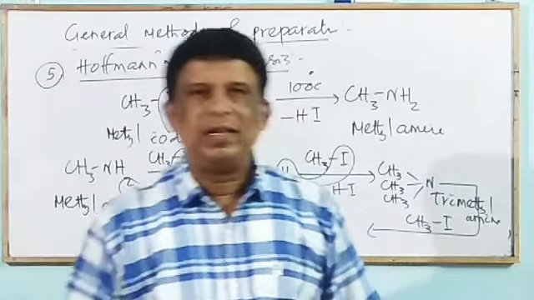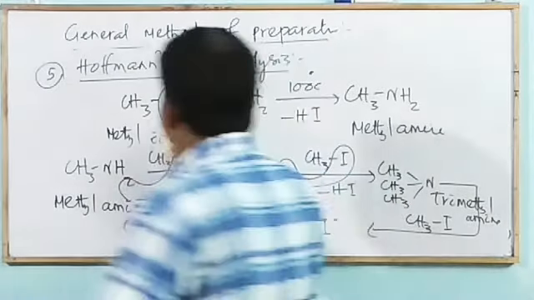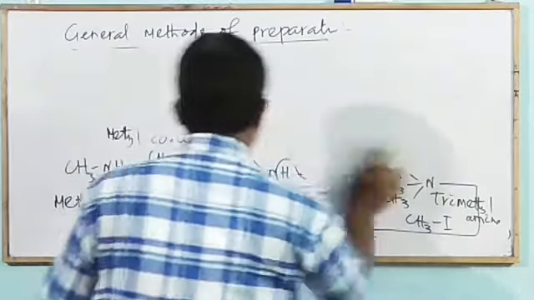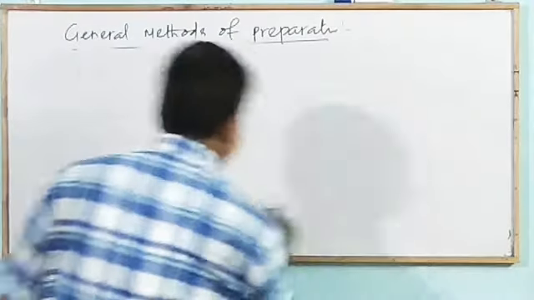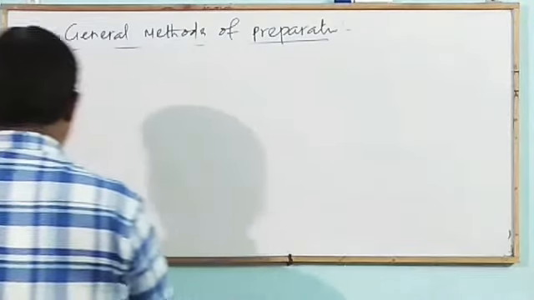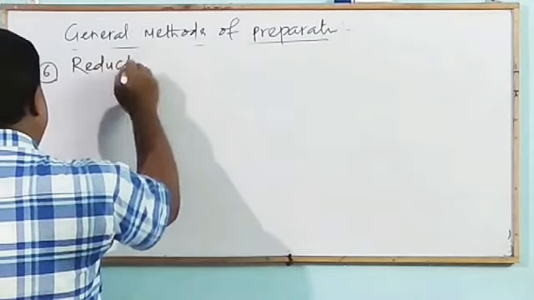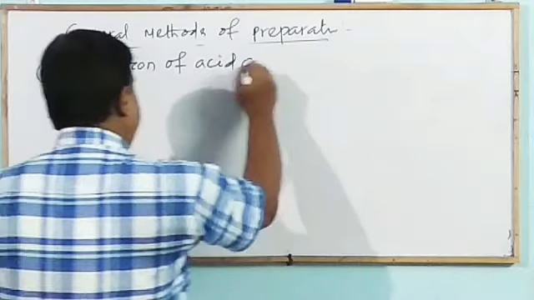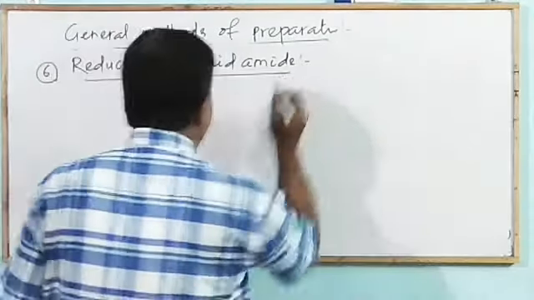Next method is reduction of acid amide. Mark that. Method number 6 is reduction of acid amide. What is the statement?